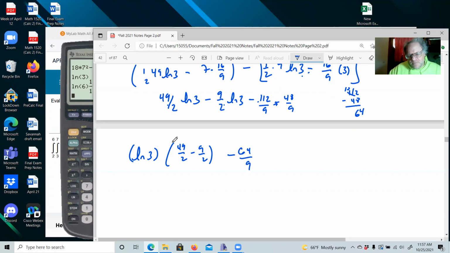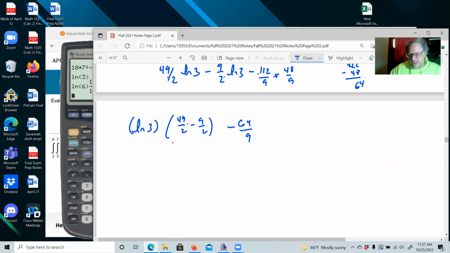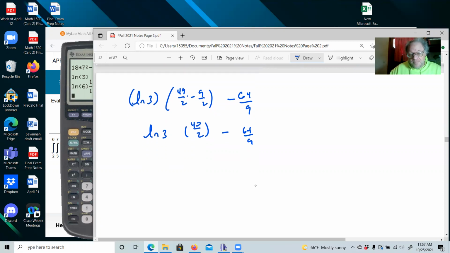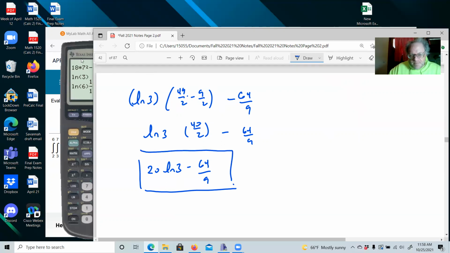I'm sure that's delightful. 49 minus 9, that's 40 over 2, ln 3, minus 64 ninths. We're not going to touch that because not really a lot I could do with it. So 40 over 2, I could do that one. Okay, and now I'm going to cross my fingers and hope that we did everything right.